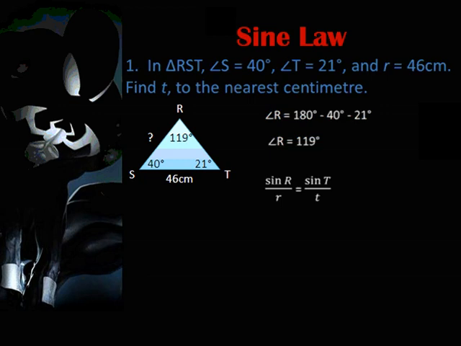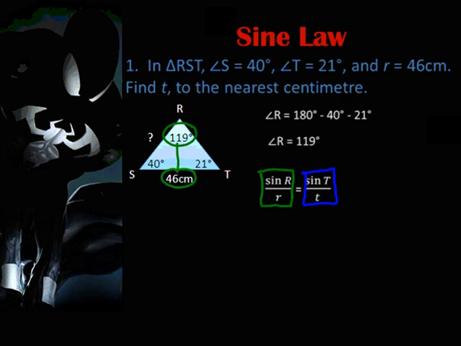Once I have R, I have my partners, big R and little r, and I could immediately set that up into my first fraction, where it's going to be sine 119 degrees over 46. And again, if you want to put the sine on the bottom and the little r on top, that's fine, as long as when you set up your other one, it's consistent.